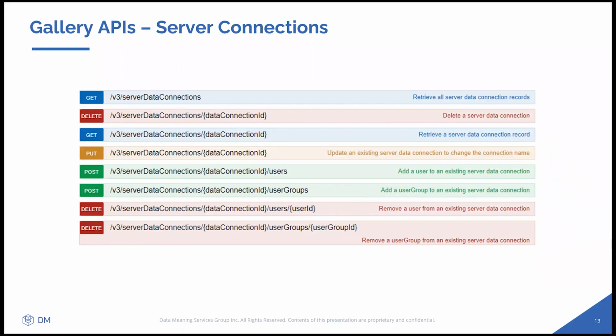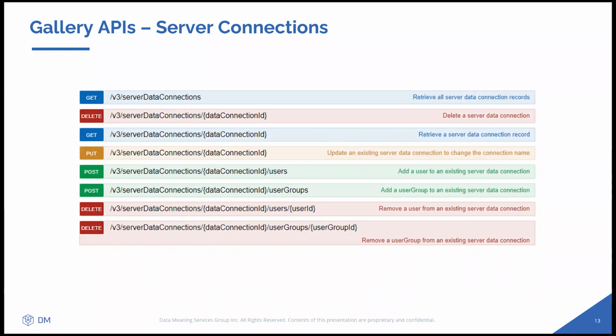Now server connections. Again, there are a lot of operations here that you can do for all the data connections. You can add a user or a group to an existing data connection. You cannot create a new one here, because you need a lot of information, and it is not quite that user friendly to do on the API call.